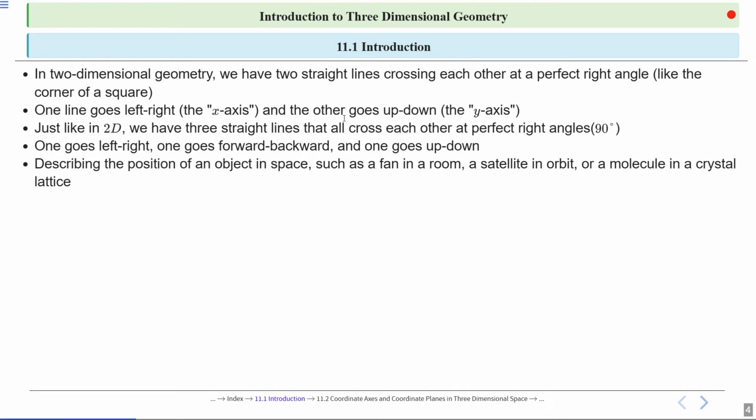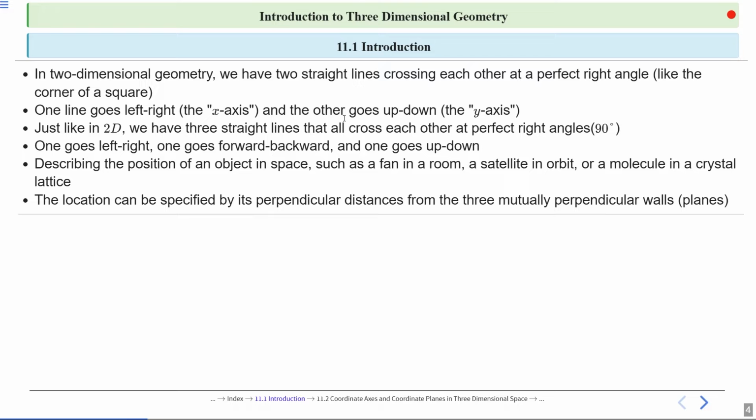This shows us how useful three-dimensional geometry is. We can describe the position of objects like a fan in a room, a satellite in orbit, or even a molecule in a crystal lattice. All of these need three coordinates to show exactly where they are.